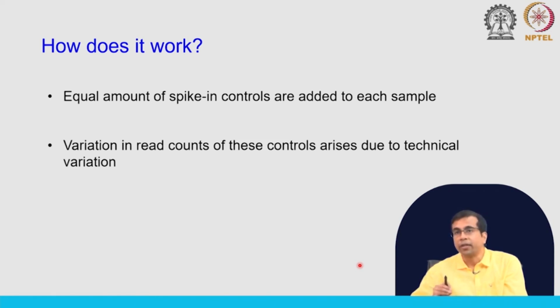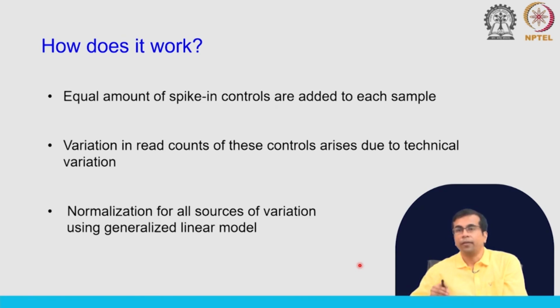So any variation that we see in the read counts will arise purely due to technical variation. There is no biological variation here. It will purely come from the experimental steps that we are following. Using this control, we can now normalize for all sources of technical variation using a generalized linear model.